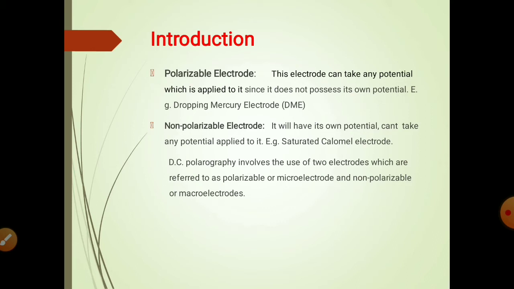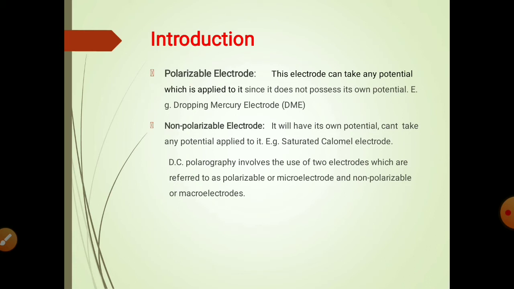Non-polarizable electrode. A non-polarizable electrode will have its own potential, so it cannot take any potential applied to it. For example, the example of a non-polarizable electrode is a saturated calomel electrode, that is an SCE. This non-polarizable electrode is large in size and it is also called a macro electrode.